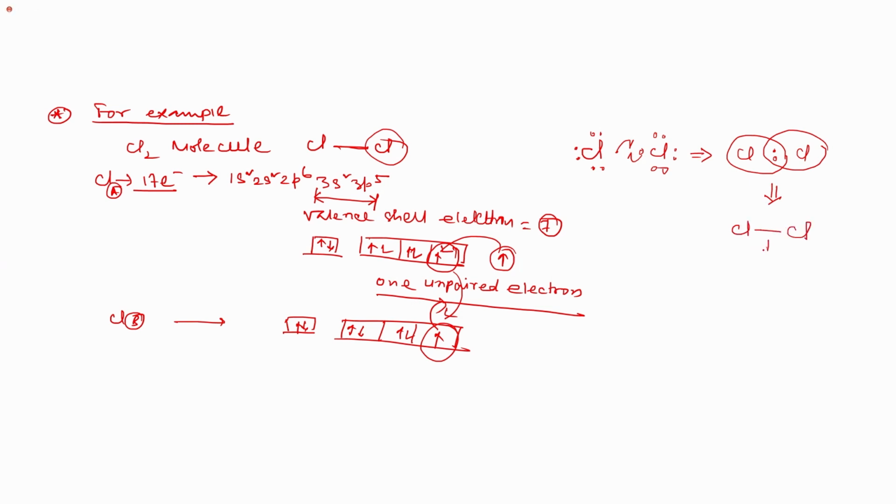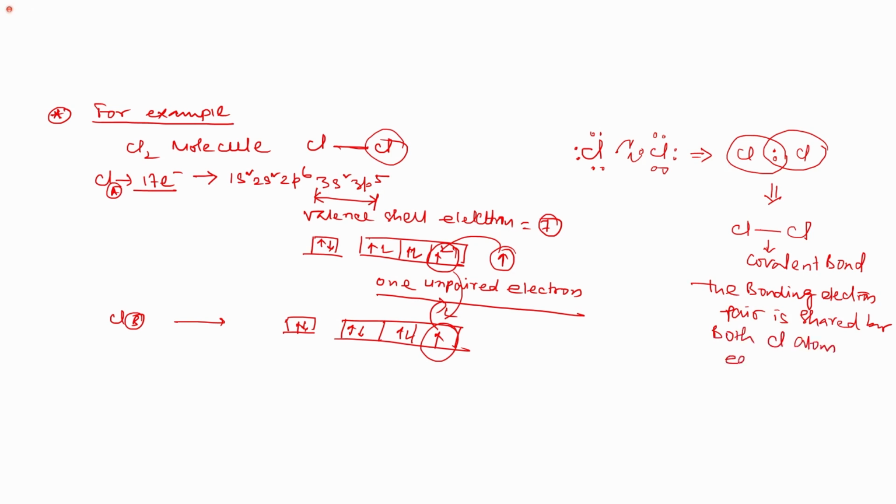This is called Cl-Cl, the covalent bond, because the bonding electron pair is shared equally by both Cl atoms. Because both Cl are the same, the bonding electron pair is shared equally, and the bond formed is called the covalent bond.